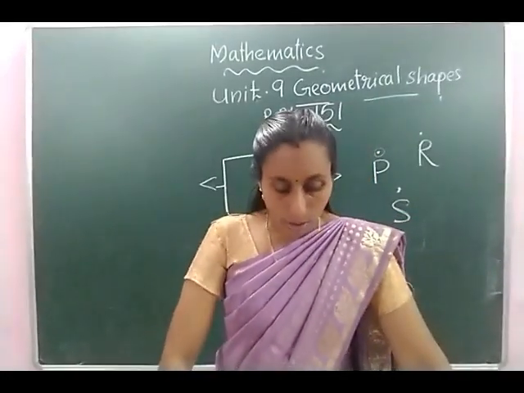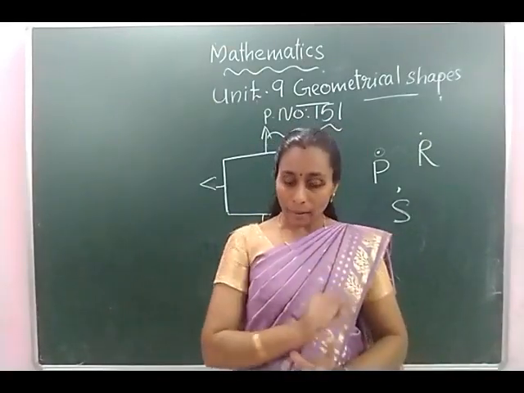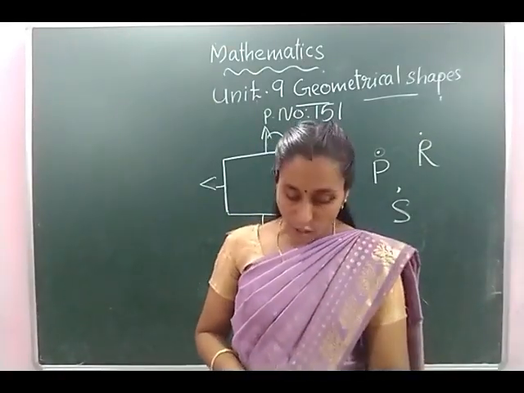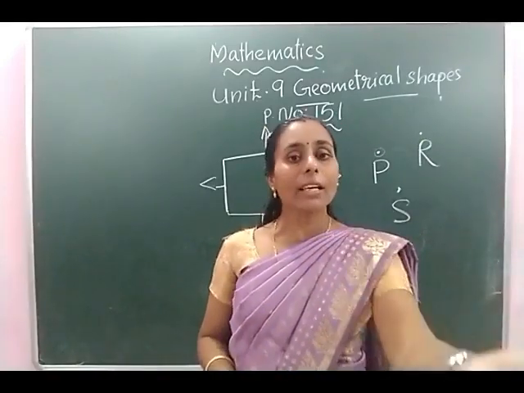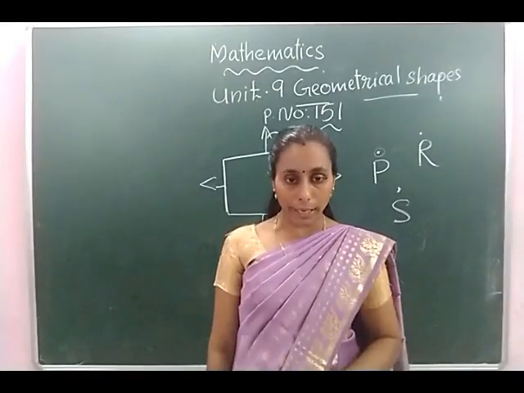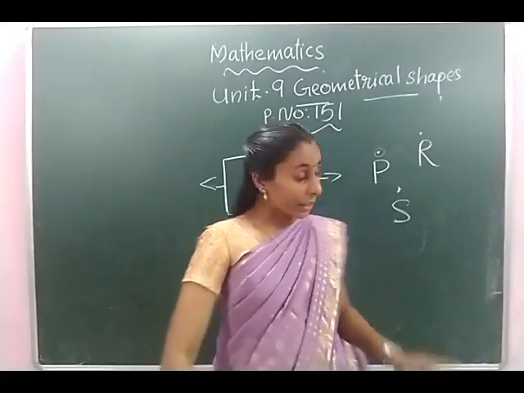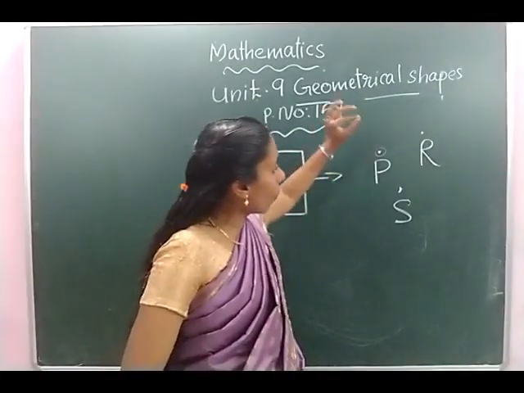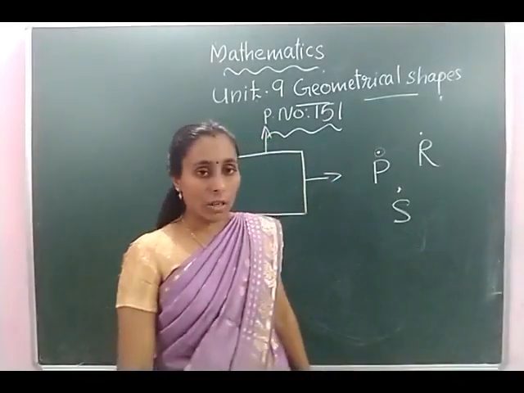Next, here it is given line segment, but first I am going to explain line. After explaining line, I shall explain what a line segment is. I have told that a point is a dot on a plane surface.